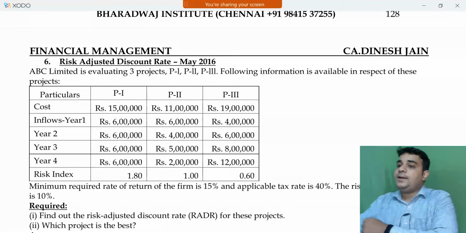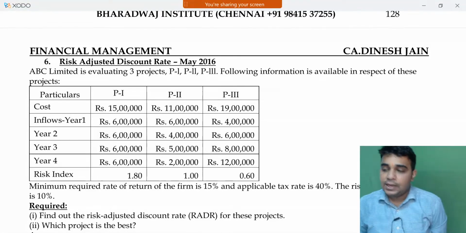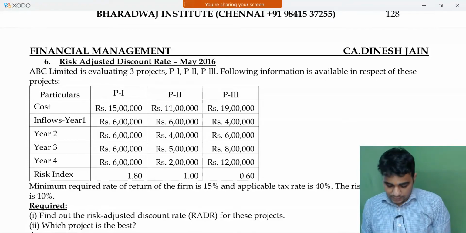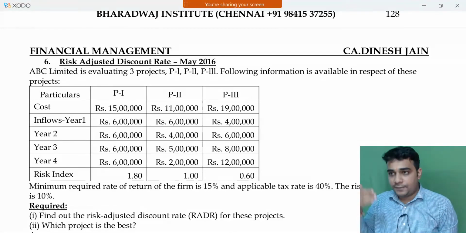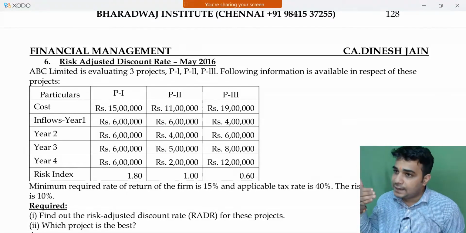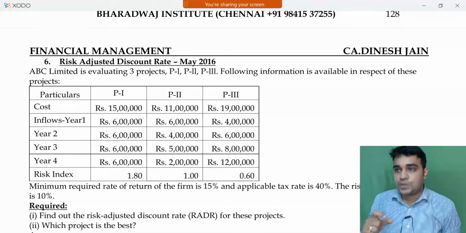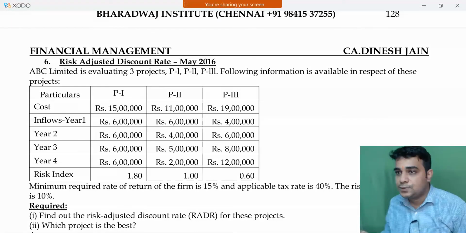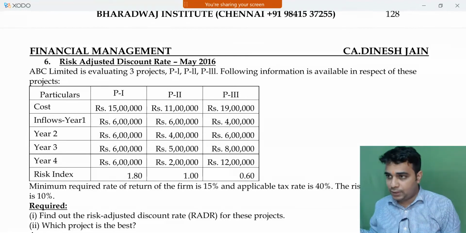Next is the RADR approach, risk adjusted discount rate. Now what does the RADR approach say? You can have multiple projects, but all projects do not carry the same risk. Some projects have higher risk, some projects have lesser risk. So you cannot say that you'll use the same discount rate, because what normally companies do is they'll say my cost of capital is 12%, use 12% as the discount rate for all projects.